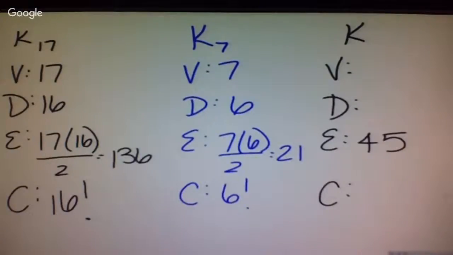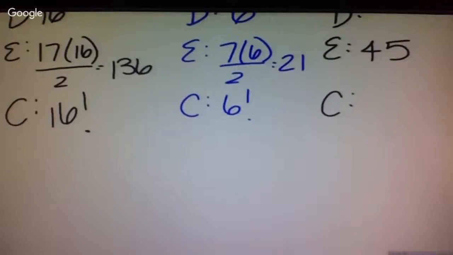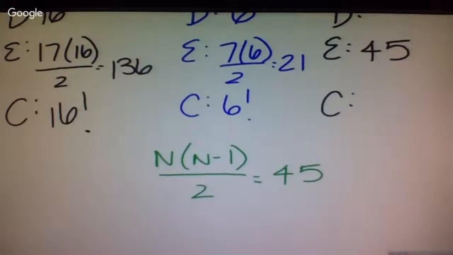Normally I have n times n minus 1 divided by 2 equals the number of edges. Right now we know your edges are 45. If you're not writing this down, I suggest you do so because you are going to need this to work on that independent practice.